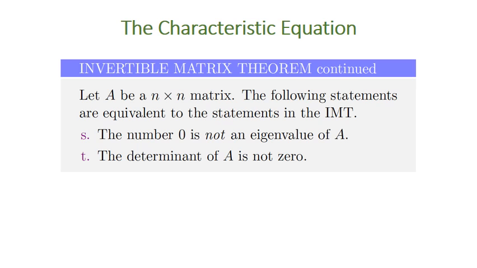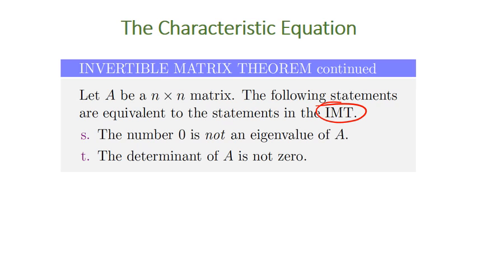I'm going to conclude this section with another addition to the invertible matrix theorem. Remember, if you see IMT, it's referring to the invertible matrix theorem. These are things that we have discussed but not stated explicitly.